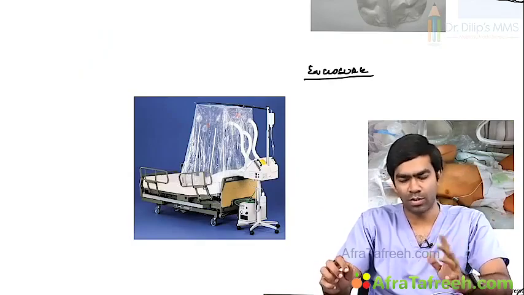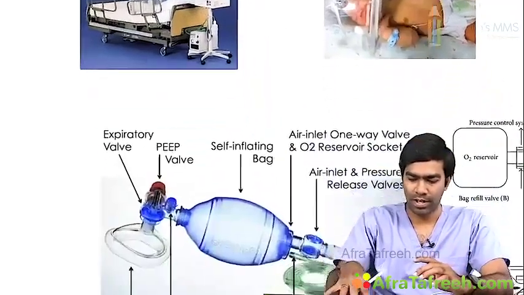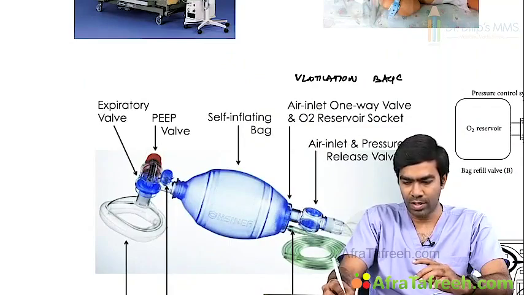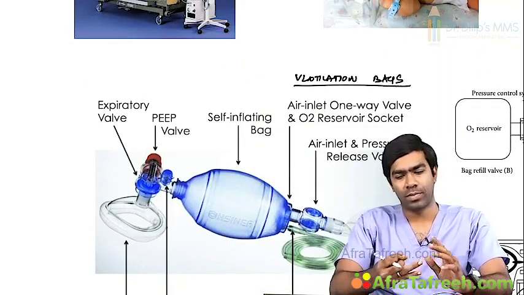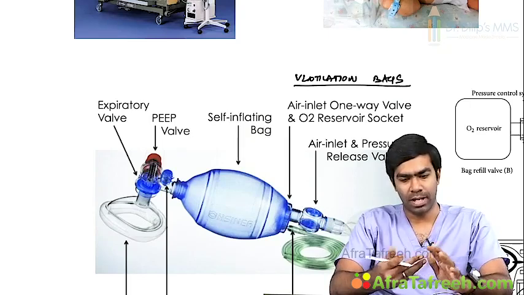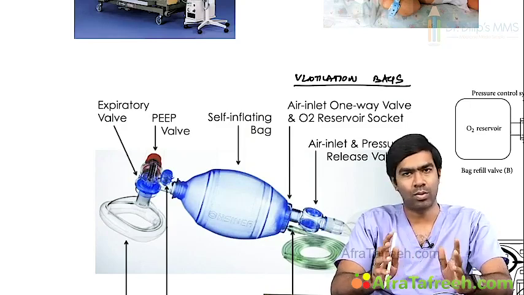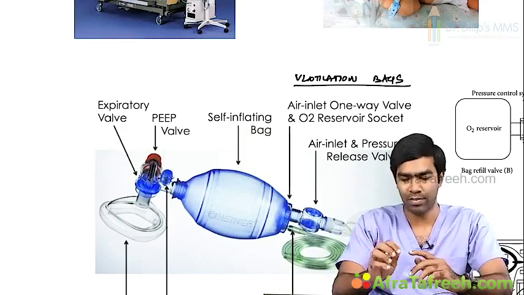We'll discuss that also, usually commonly used in infants. And finally, you have ventilation bags. So under the 5 headings, we are going to discuss blow-by, nasal cannula, masks, enclosure systems, ventilation bags. Ventilation bags have 2 types, self-inflation and flow inflation. Again, we are going to discuss in detail.